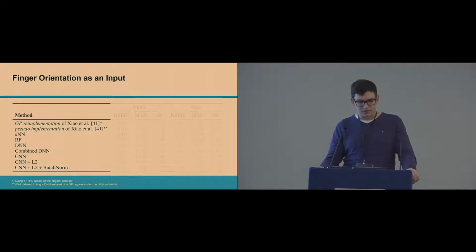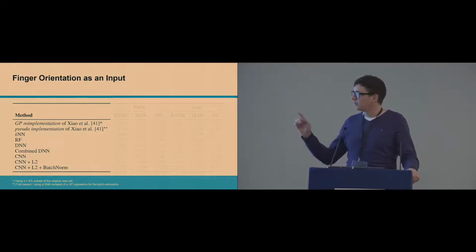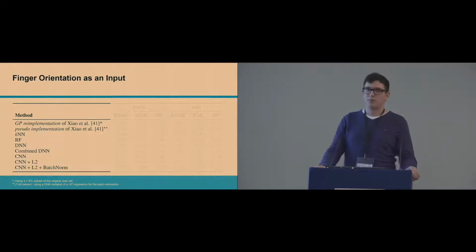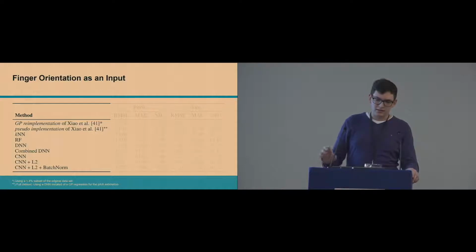So a 3-layer one, actually. And then we have our k-nearest neighbor model and the random forest. Then we have the first deep neural network, the DNN here, which is actually two deep neural networks: one predicts pitch and one predicts yaw. In the later steps, we figured that it's also a good idea to train one model for pitch and yaw at the same time.